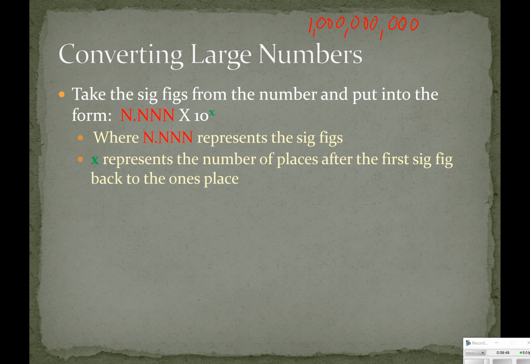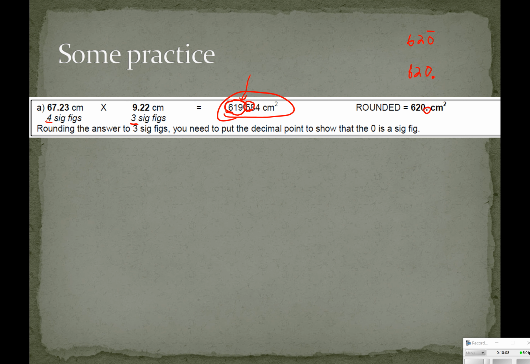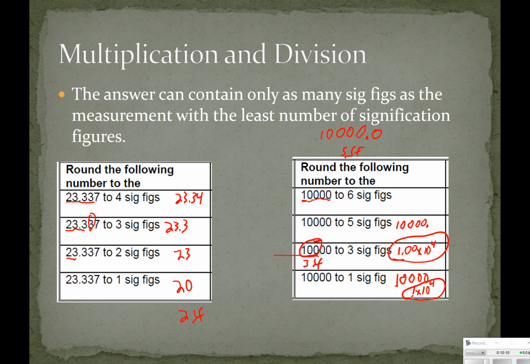Now the key is that we take the significant figures from the number and put it into this form, where the n are the significant figures from the number. Okay? And we can change that amount, kind of how we did before. We can change the amount of zeros. So we had 1.00 here and just 1 here.